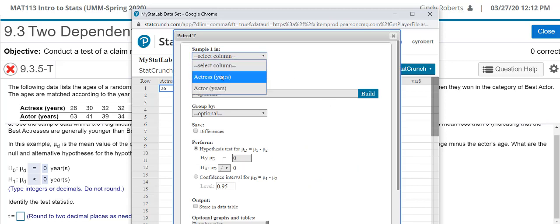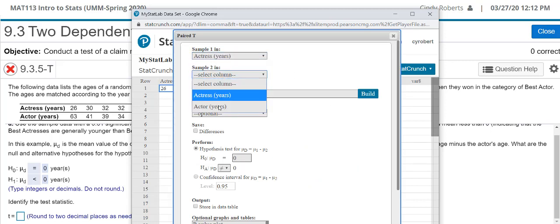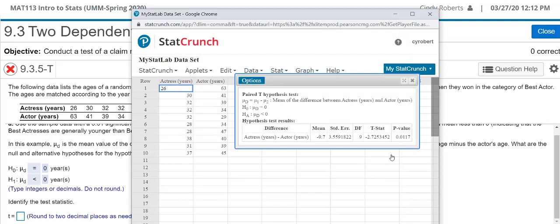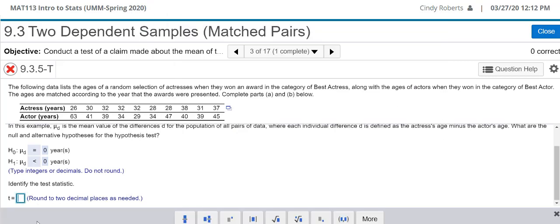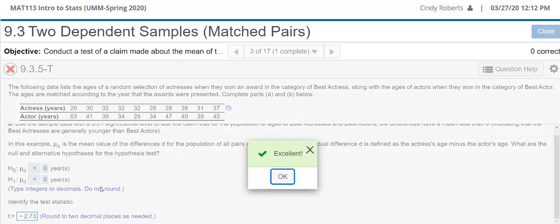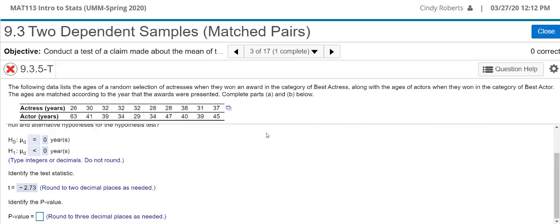Sample in first column my actresses, then my actors. I just have to be careful that I select less than. I hit compute, and it gives me my T-stat right here, negative 2.73, rounded. Excellent!